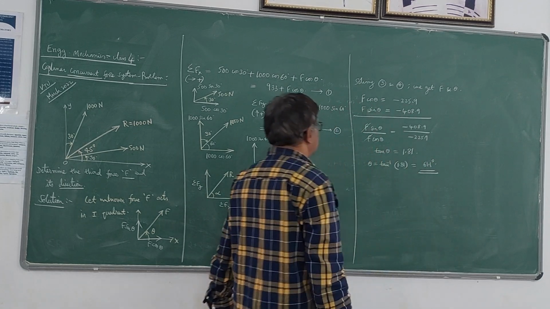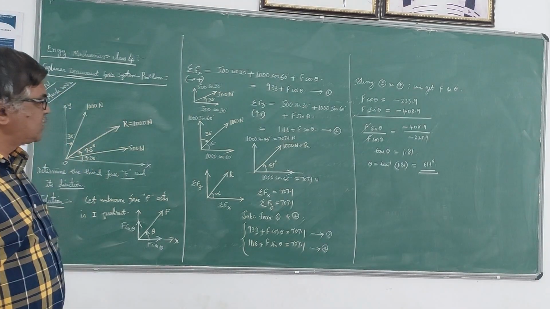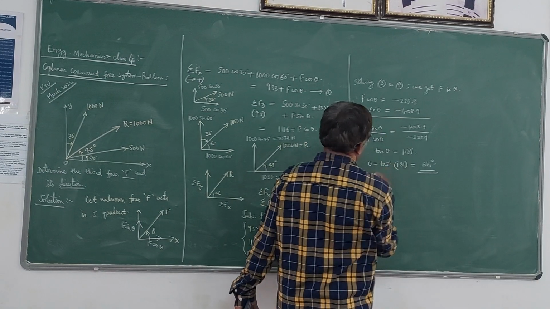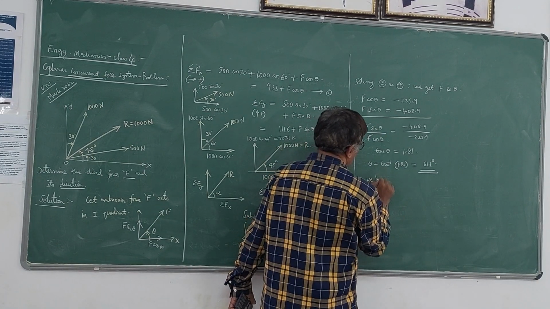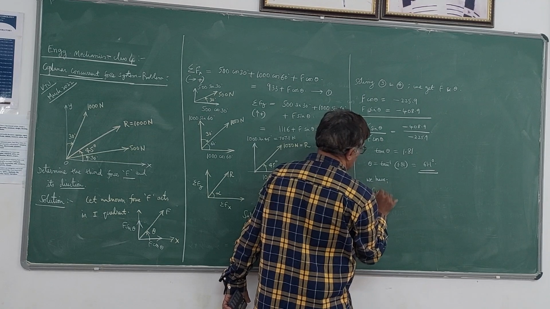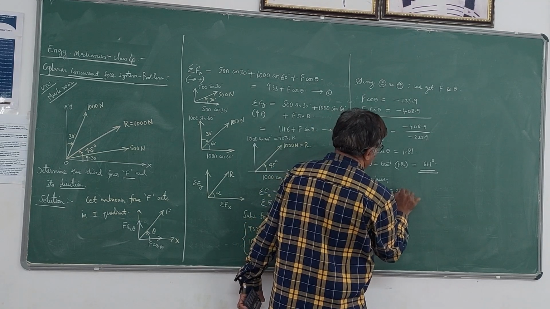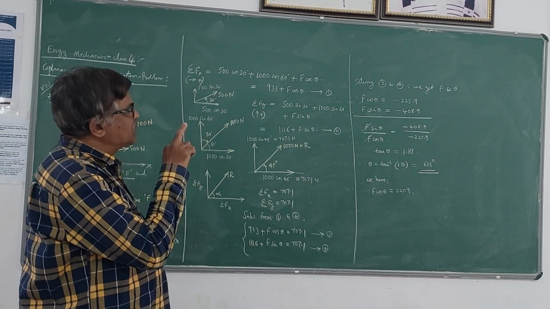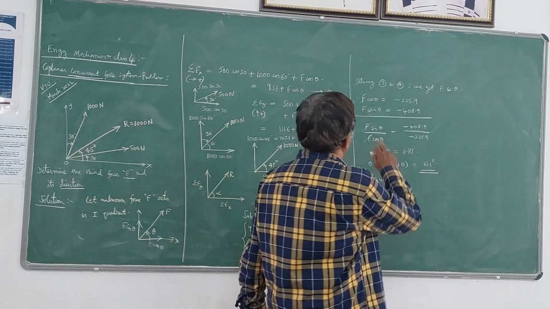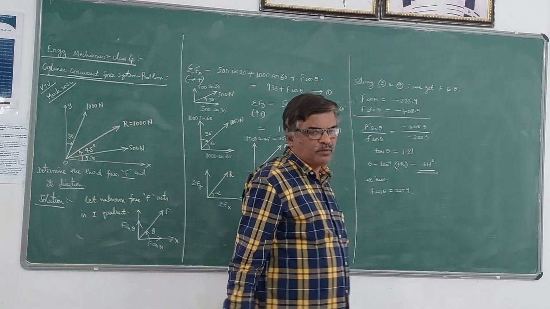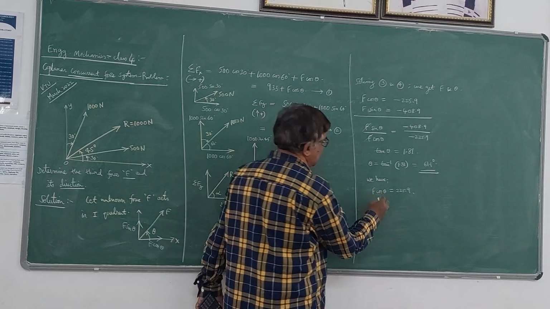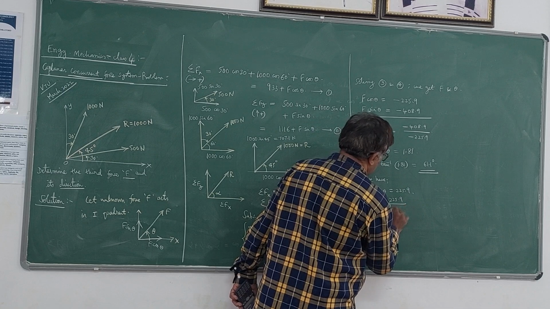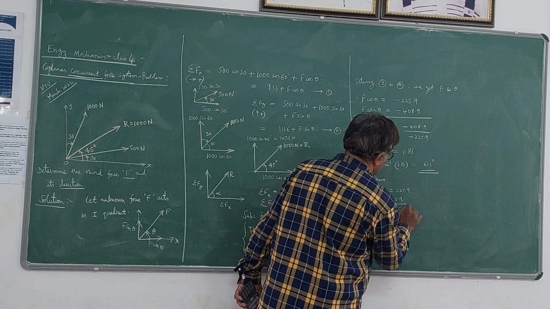This is the value of theta, the angle which that unknown force F makes. Now to find F, you can use one of the equations. We have F cos theta is equal to 225.9. Since magnitude F is always positive, I will consider the positive value instead of the minus value. Therefore F is equal to 225.9 divided by cos theta, which is cos 61.1 degrees.